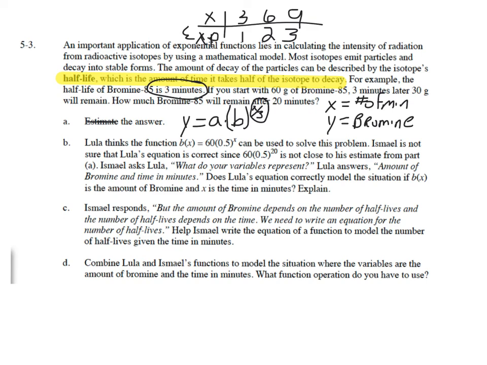A represents the initial value, which is 60. So y equals 60 times the B value. That's our rate. Remember, every 3 minutes, half of the bromine is going to remain. So my B value is 1/2 raised then to the x over 3.